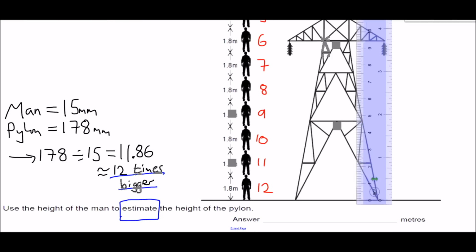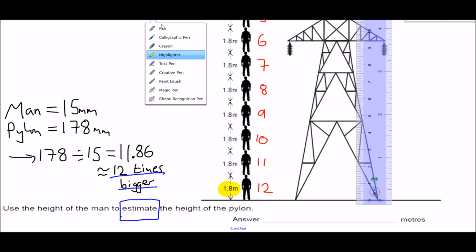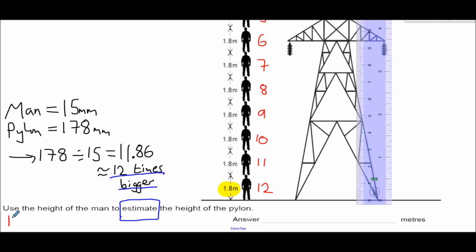And so what's the actual height of this man? Luckily, we've been told he's 1.8 meters tall. And so what that'll mean is a pylon will be 12 times as tall as a man's actual height. So 12 multiplied by 1.8, or if you really wanted to, 11.86 multiplied by 1.8.